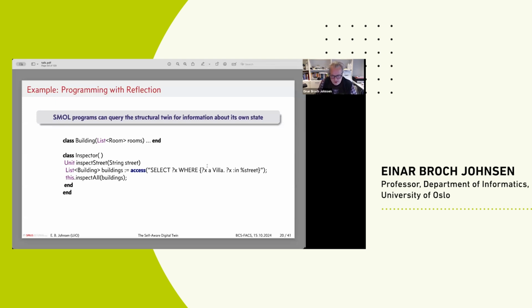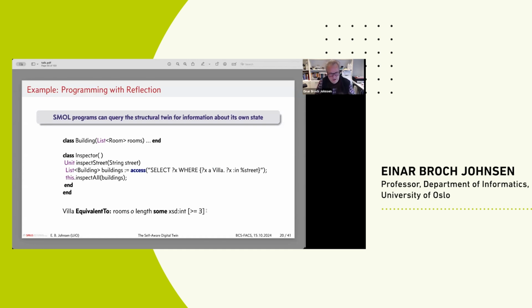Well, we want to inspect buildings of the category villa. Now, villa is not defined in the small program at all. So villa is a concept which belongs in the domain. And in the knowledge graph, we are simply going to say a villa is equivalent to a house with a certain amount of rooms. So the list of rooms is, let's say, smaller or equal to 3.